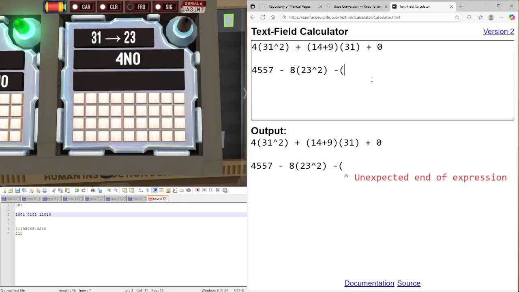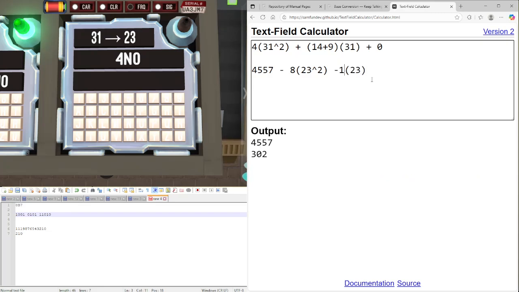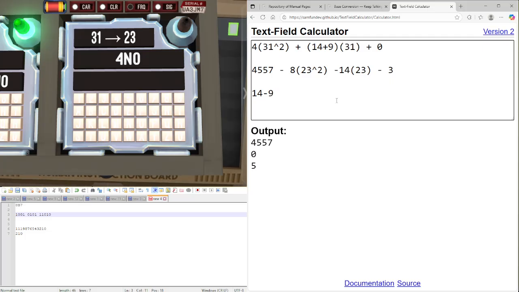Minus 23. 1, 2, 3, 4, 5, 6, 7, 8, 9, 10, 11, 12, 13, 14, 15, 14. Minus 3. 14 minus 9 is 5.